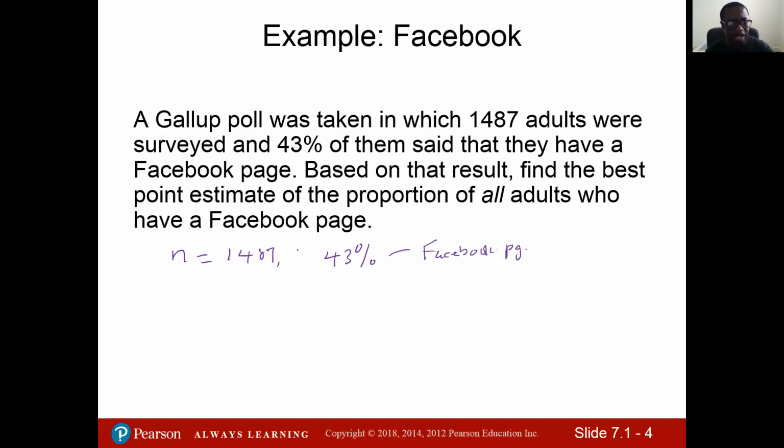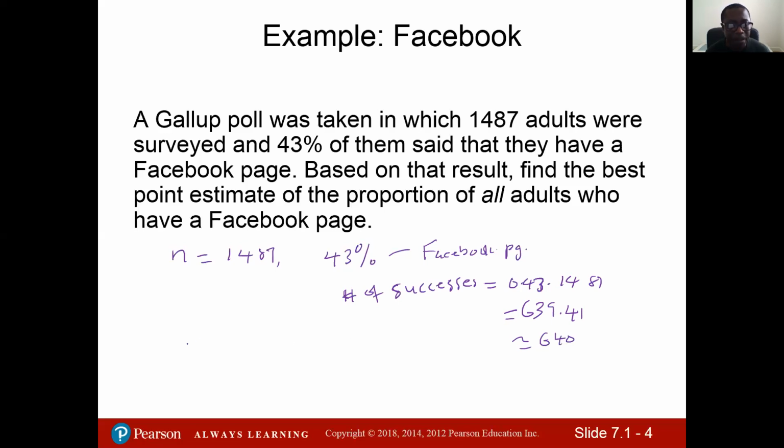If I want to know the number of successes, it will be 0.43 times 1,487, which is approximately 639.41. Since it is a count, we're going to round it up to 640.